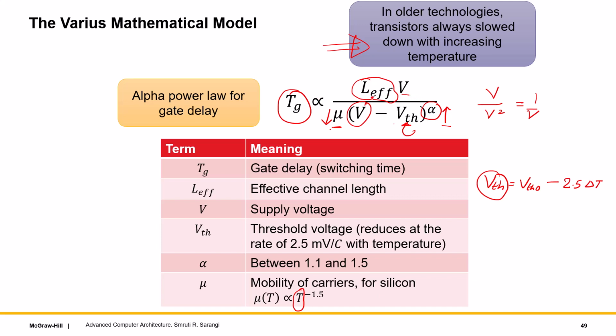The gate delay is pretty much dependent on these factors, so keeping them in mind, let's move forward. But the important part is that as I increase the temperature, the threshold voltage goes down, which basically means the leakage power goes up, right? So increasing temperature increases the leakage power, which further increases temperature, and so on and so forth.